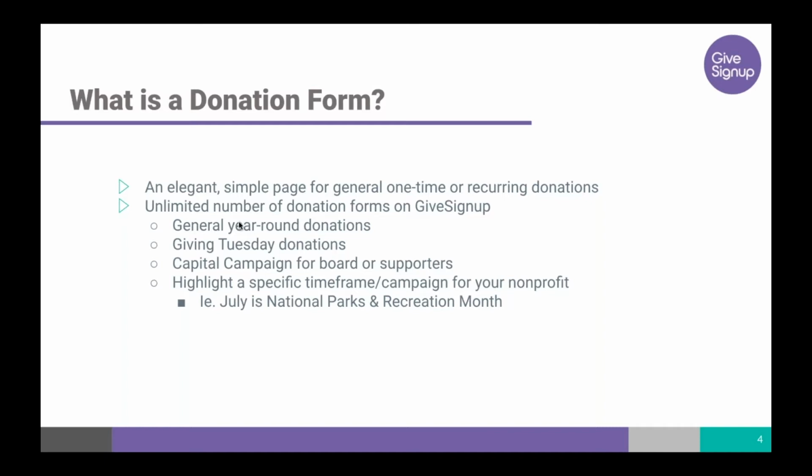Or you could highlight a specific time frame or a campaign for your nonprofit. So for example, and I'll be using this later, if you know that July is National Parks and Recreation Month and you are serving as the person tasked with raising money for the month of July for your state park or national park, you could come up with a donation form specific for that event.